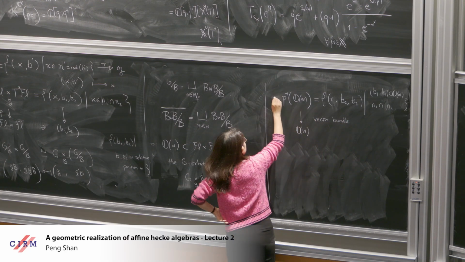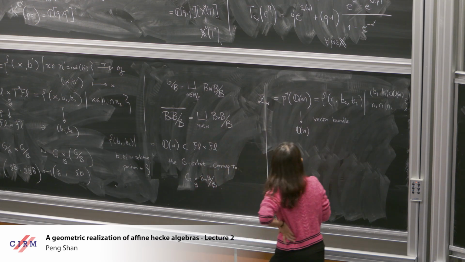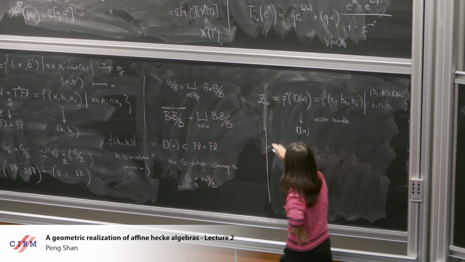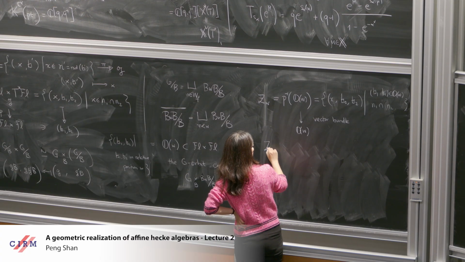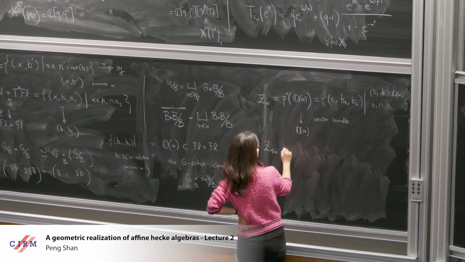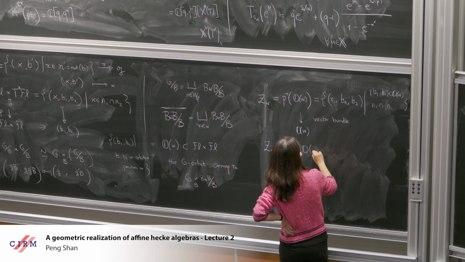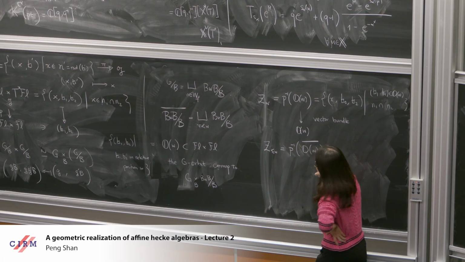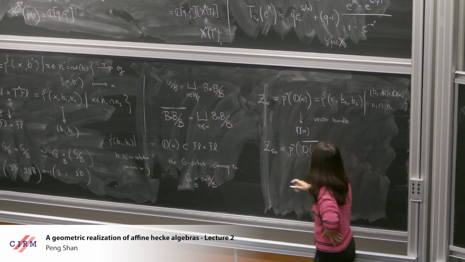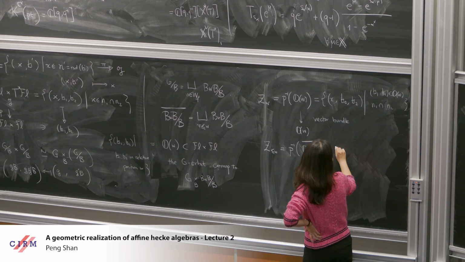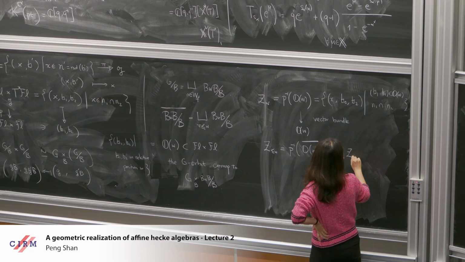Let's write this as Z_W. And then let's write Z_{≤W} to be P inverse of the closure of O_W, which is a union of orbits smaller or equal to W. So this is nothing but the union over V ≤ W of Z_V.